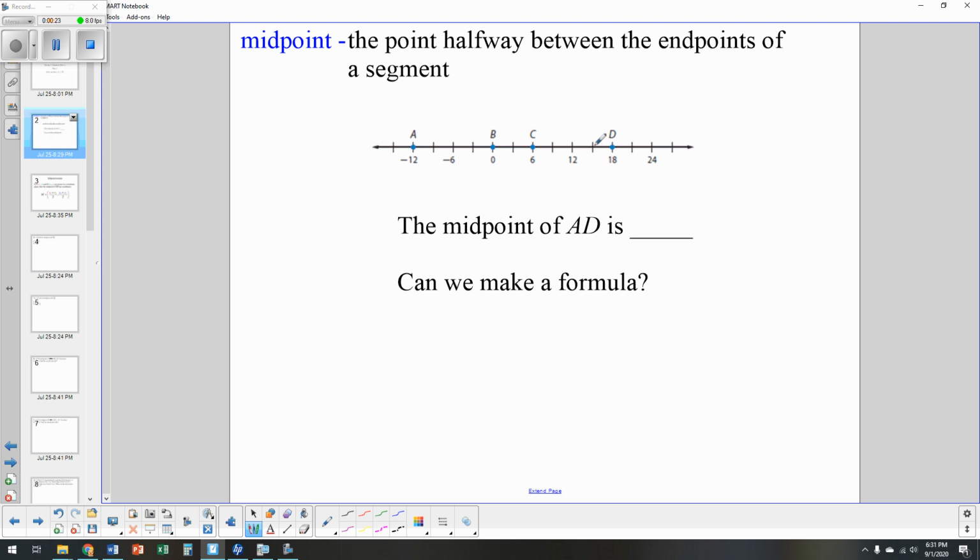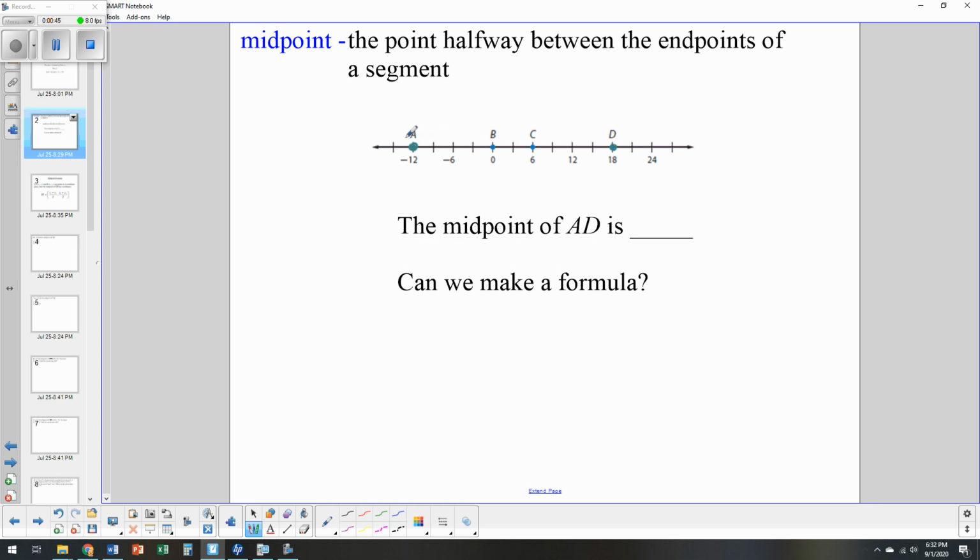So if I wanted to know what value was the midpoint of AD, A is at negative 12 and D is at 18. So I know overall this segment would be 30 units long, right? 3, 6, 9, 12, 15, 18, 21, 24, 27, 30.